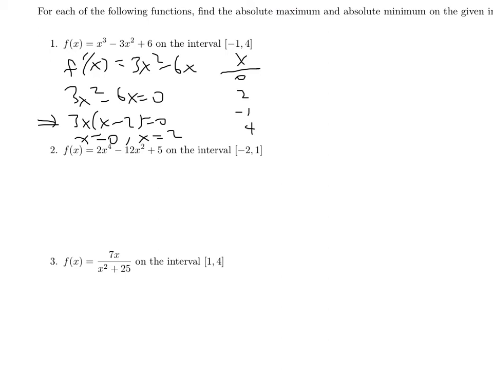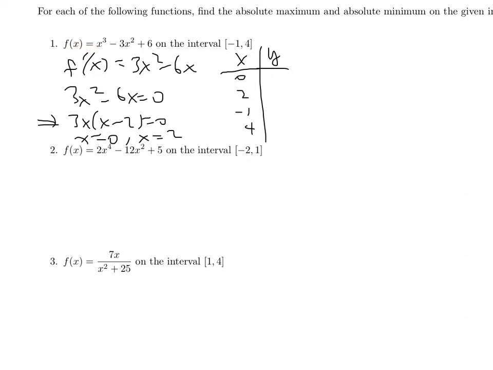And so rather than do a bunch of shape analysis of the graph, I'm just simply going to compute the y-coordinates for each point and then answer with whichever one is biggest or smallest. These are all pretty easy to put back in. Realize when you're trying to find y-coordinates, you're talking about the original function again.